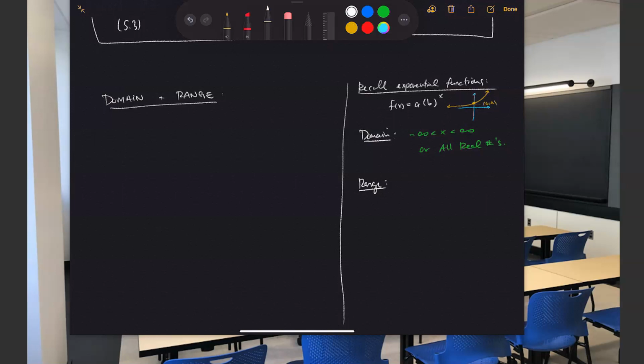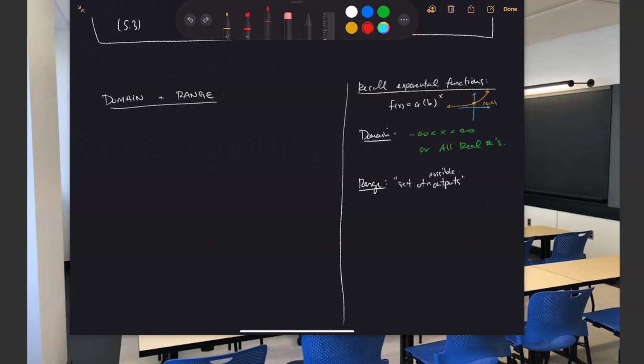The range, again, is the set of outputs, and we should say the set of all possible outputs. So what is possible for this function to have as its output? Remember, that's on the y-axis, so what values are possible? Well, it's going to be all values that are greater than 0, and not including 0.